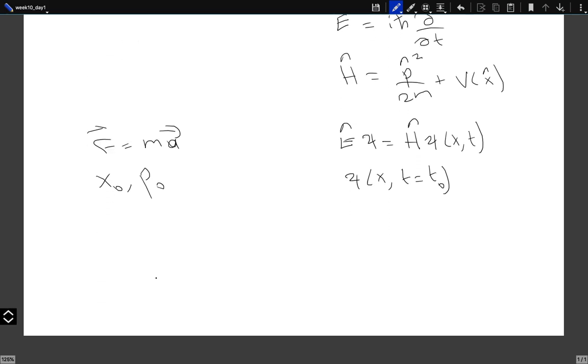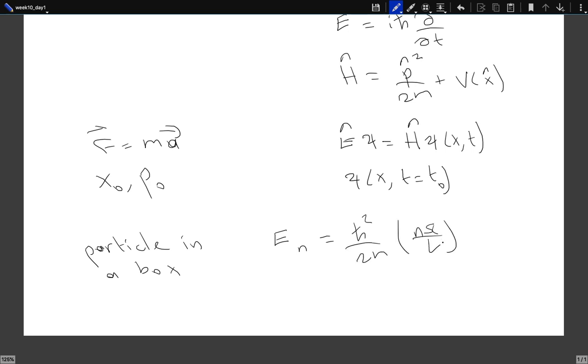Now, when it comes to what we will observe when we make a measurement, well, we had already seen some cases, for example, the particle in a box case. In the case of particle in a box, we said that the energy of the system can only take discrete values, which are given by h bar squared over 2m times n pi over L squared.